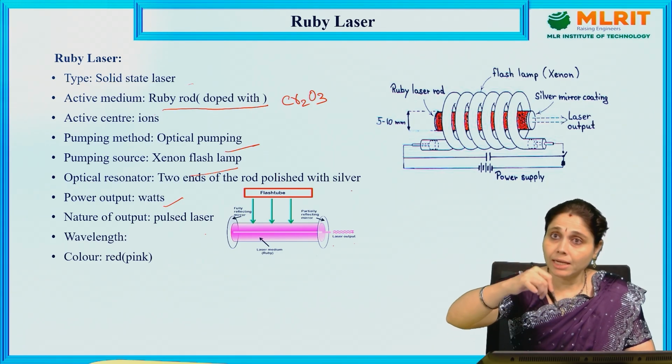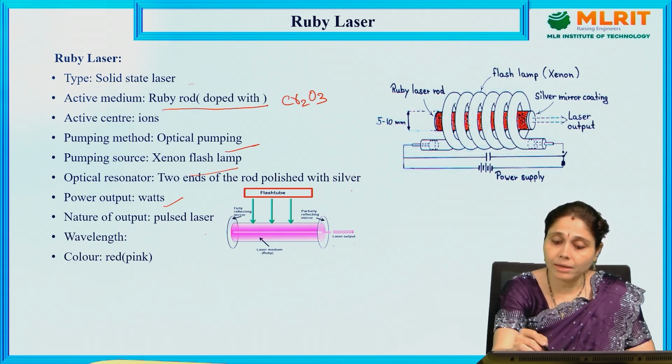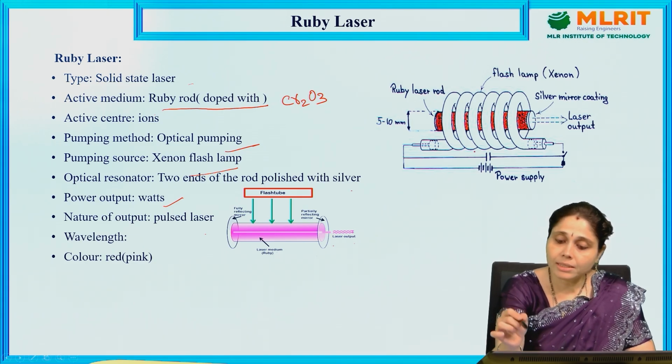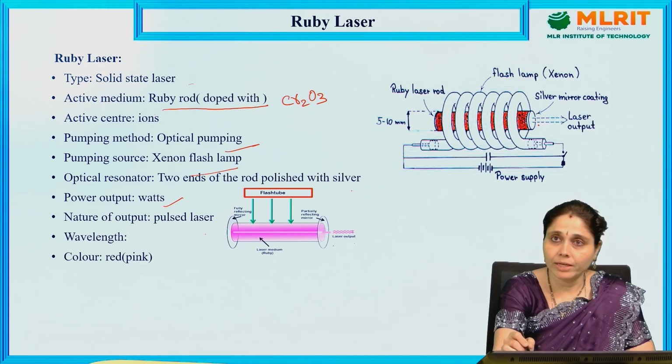This is helical flash lamp, and this is called as flash lamp. And a ruby rod is inserted inside this flash lamp, and this flash lamp is connected to the power supply, and this ruby rod consists of fully reflected mirror and partially reflected mirror.